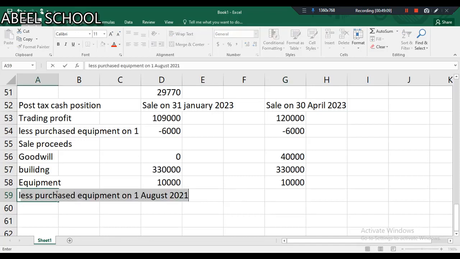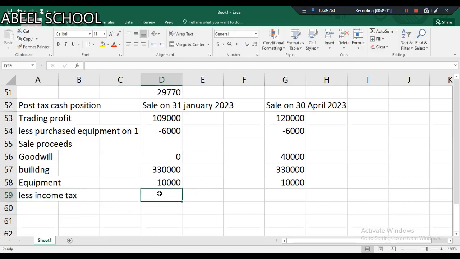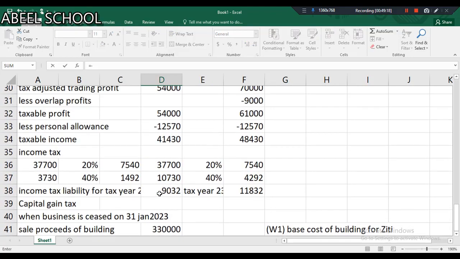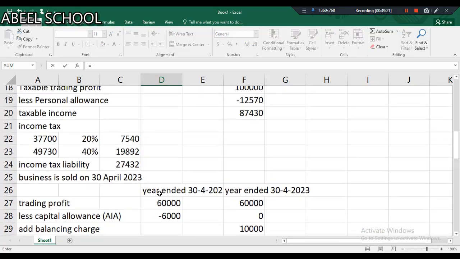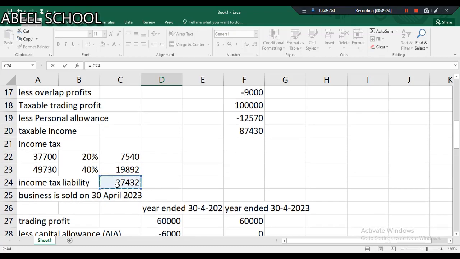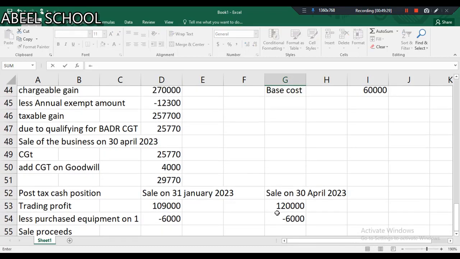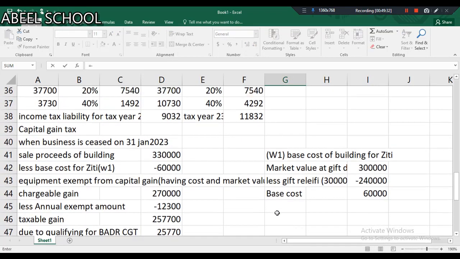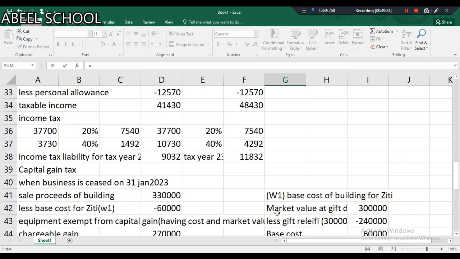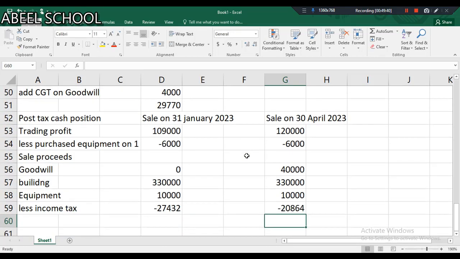Now let us deduct income tax. Let us see what was income tax. It's this. Let's calculate here. We got two income tax amounts, if I'm not wrong. I got 9032 minus this. So we're getting 20864. Let us see CGT payable.